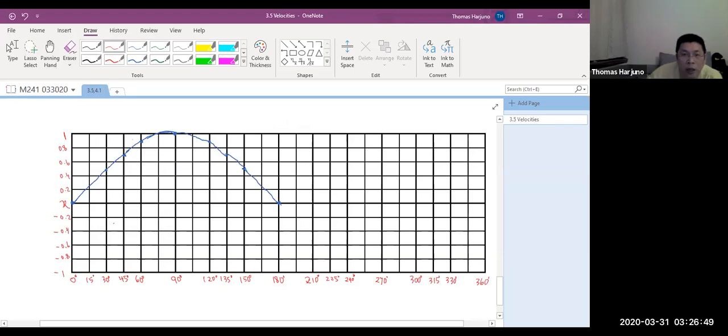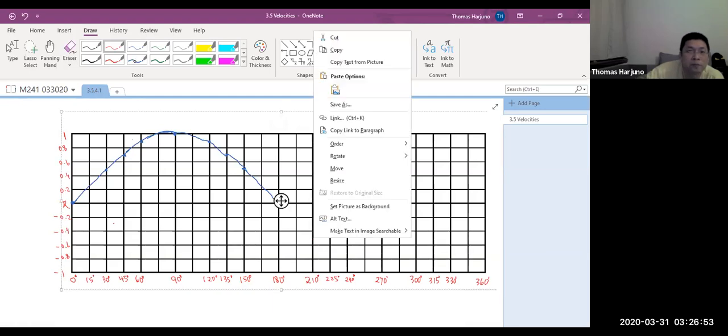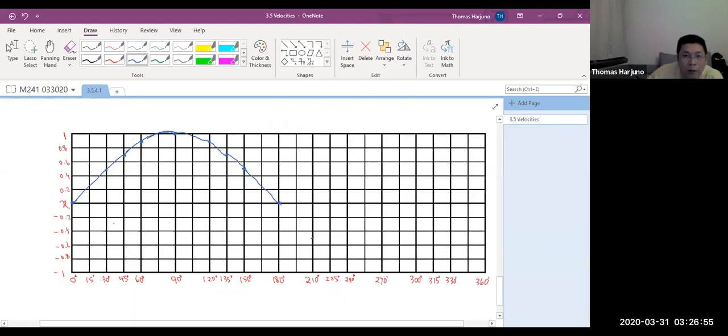And we will get sine 210 degrees is -1/2. Sine 225 degrees approximately -0.7. Sine 240 degrees almost -0.9. And sine 270 degrees is -1.